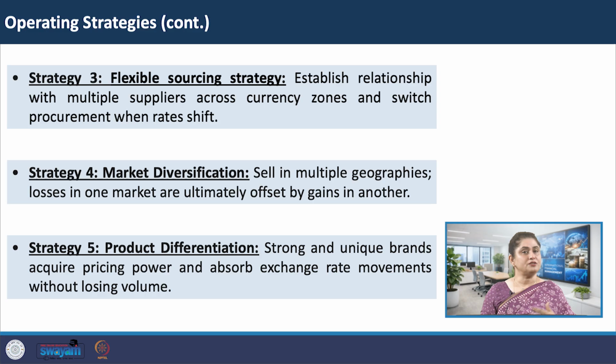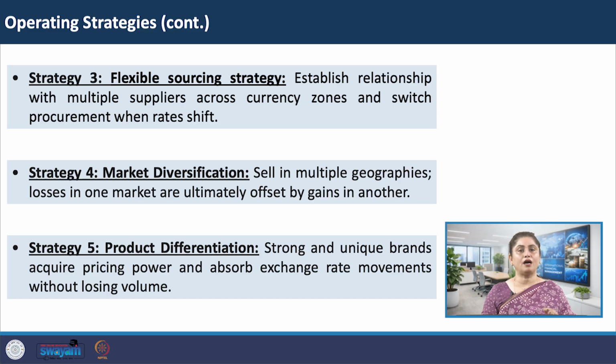Now let's talk about strategy 5, which is product differentiation. This is perhaps one of the most intellectually interesting. When a firm builds unique products or powerful brands, it acquires pricing power. It means customers absorb exchange rate driven price increases rather than switching to cheaper alternatives.